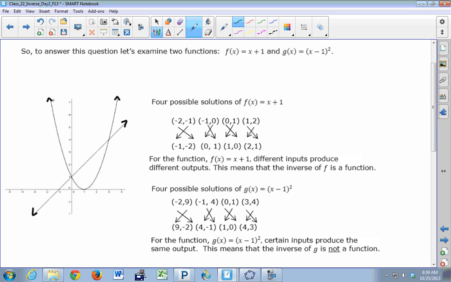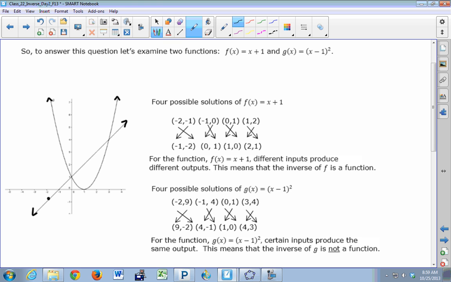So if we do what we did the other day by plucking off some individual ordered pairs from each function, here are 4 possible solutions for this function. I could have picked any. If x is -2 and I put it into my function, -2 plus 1 gives me -1. So the point -2, -1 is a point on that line.